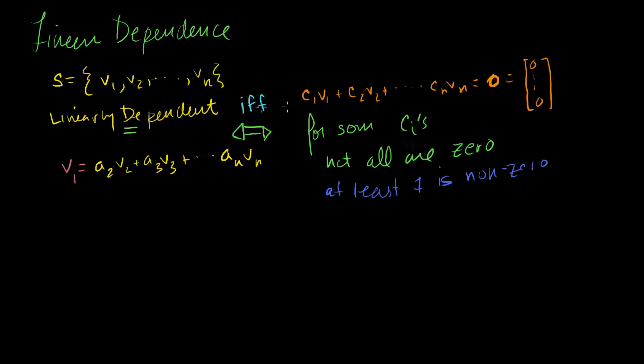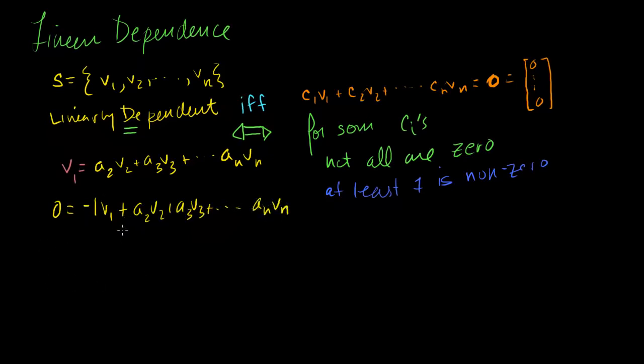So how does this imply that? In order to show this if and only if, I have to show that this implies that, and that that implies this. This is almost a trivially easy proof, because if I subtract v1 from both sides of this equation, I get 0 is equal to minus 1 v1 plus a2 v2 plus a3 v3 all the way to an vn.